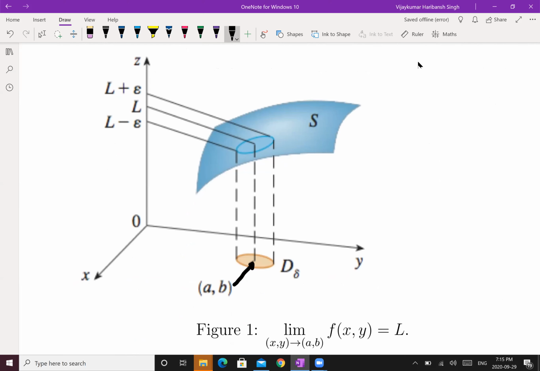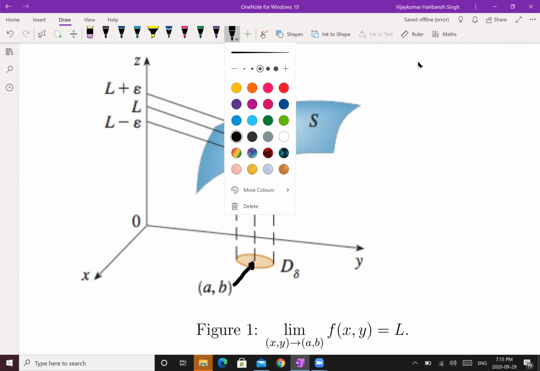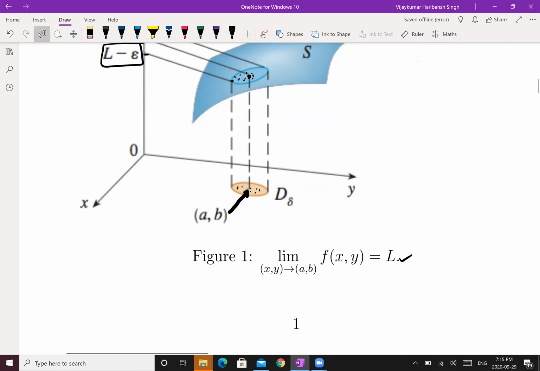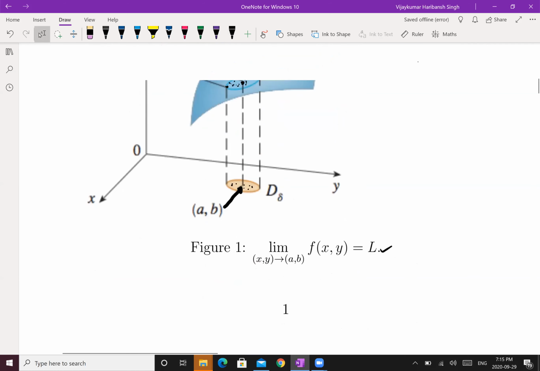You are saying the limit as (x, y) goes to (a, b) of f of x, y is L. It means the moment your (x, y) is near this point, then f of x, y will be at a point here, at distance less than epsilon from L. So if you are within this interval, then you are less than distance epsilon from L. This is the definition of limit.